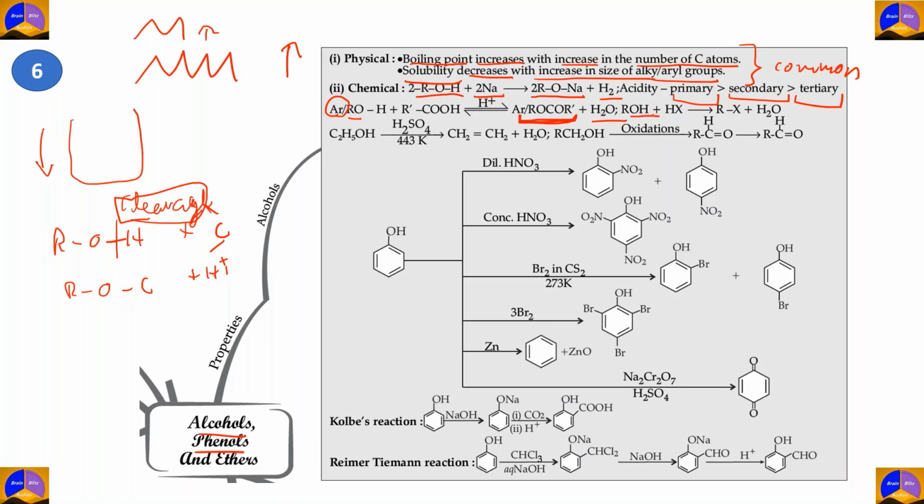And ROH, which is an alcohol, plus HX, which is a hydrogen halide, gives you an alkyl halide plus water. So we have a hydrogen halide, such as HCl or HBr, and then we have an alcohol here, so we get an alkyl halide and water, which is H2O.